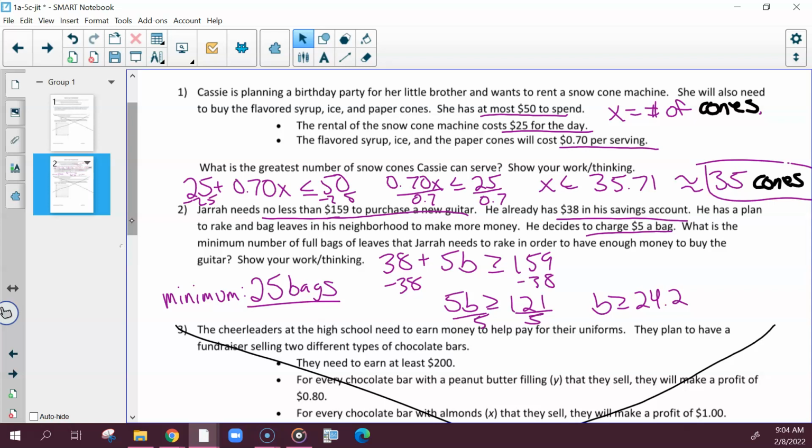That's okay, because we need to cover like extra taxes and things like that. But 24 would not be enough. The 25 is our answer to that one. Do we have any questions on that one?